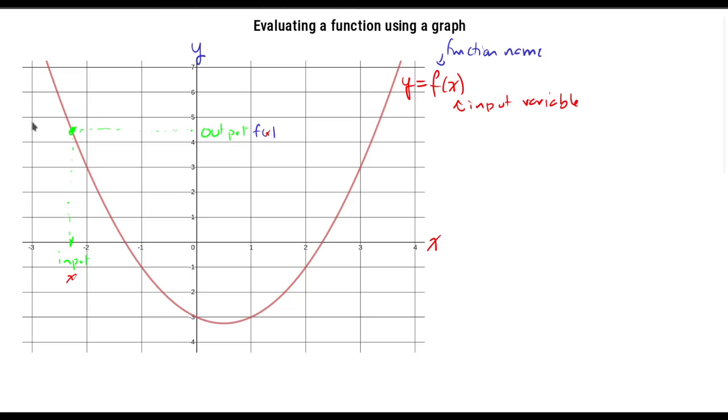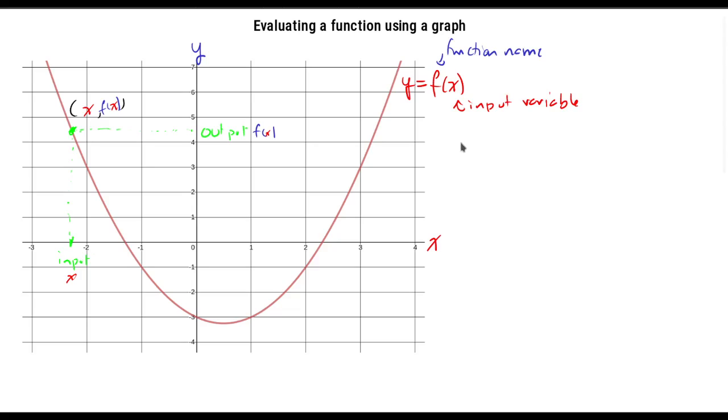So this point here, its coordinates are x, comma, f of x. So the graph of a function is all points in the plane that are given by x, comma, f of x, input, comma, output. And so we can use that to find outputs if we know the inputs.